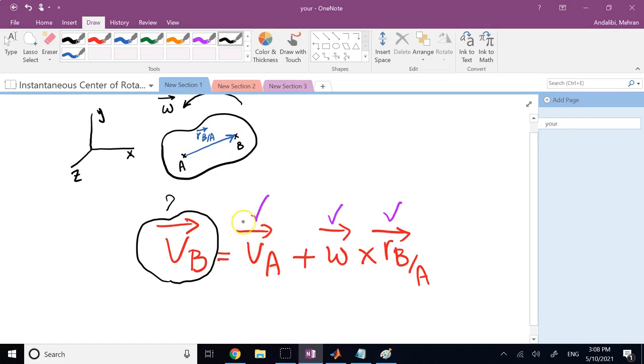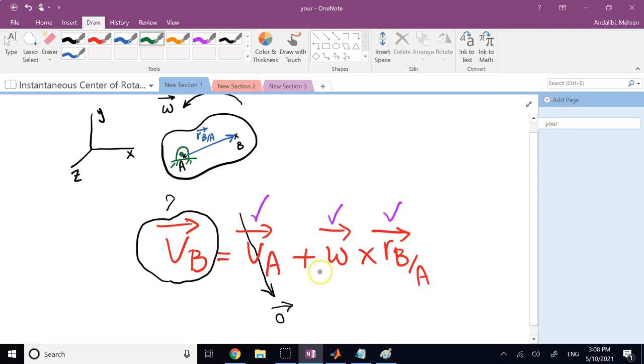So temporarily, it doesn't need to be stationary all the time, just at that moment, assume this guy is 0. Okay? So temporarily, it means this point is clamped down. You're rotating about what? Pure rotation about the point, right?